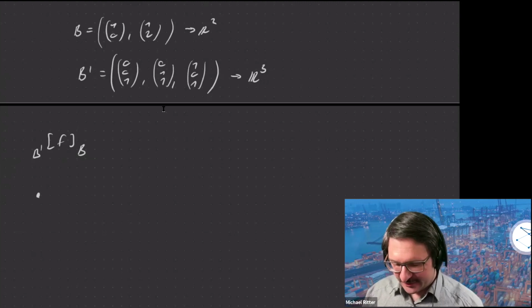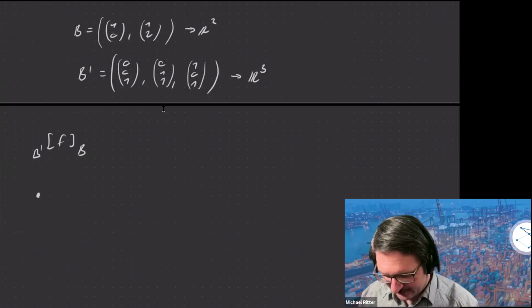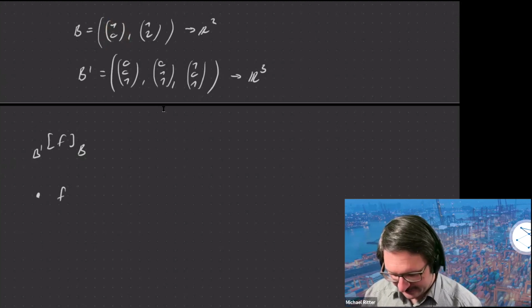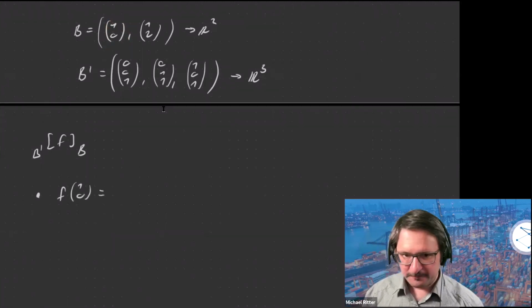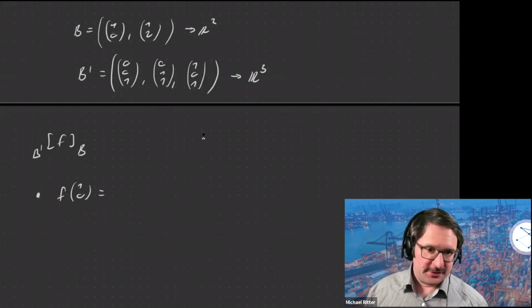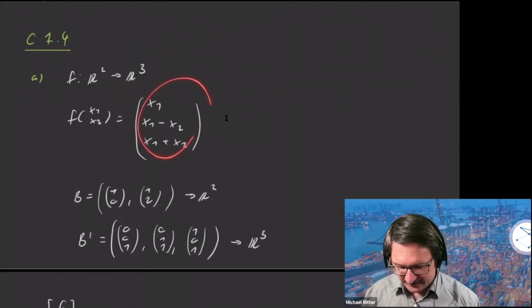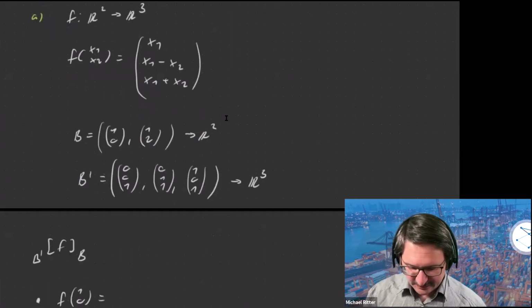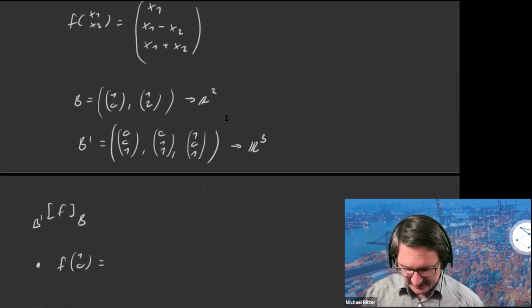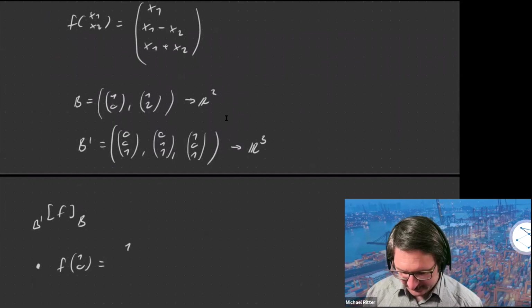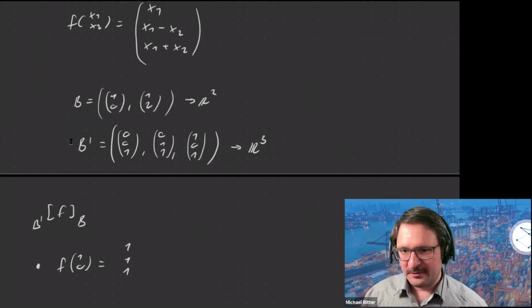So the first basis vector is this one here, (1, 0). So we could just compute F of (1, 0). If we substitute that into the function definition, then we will get, let's see, 1, 1, and 1. So that hopefully makes it a little easier.